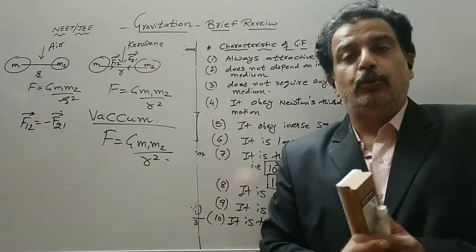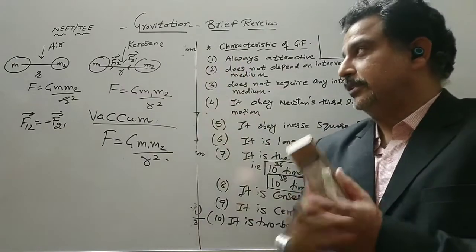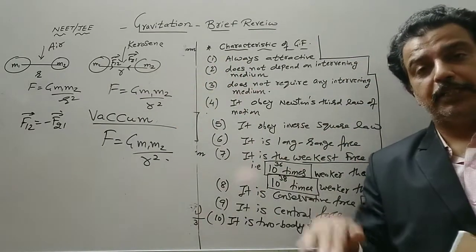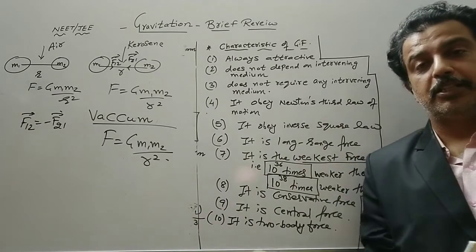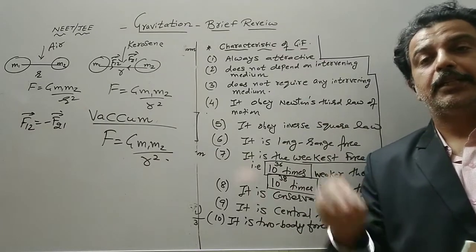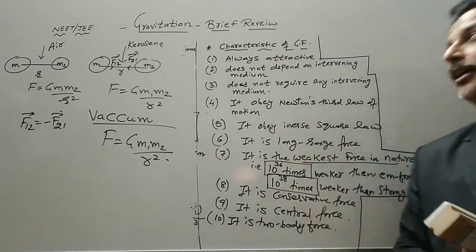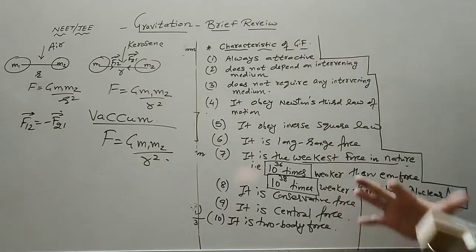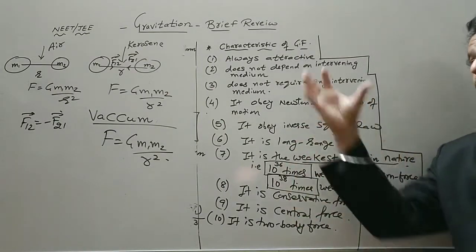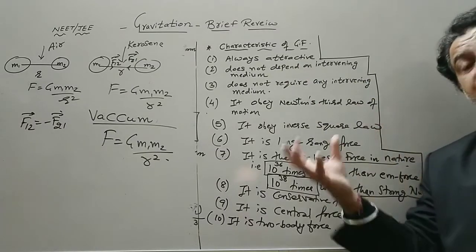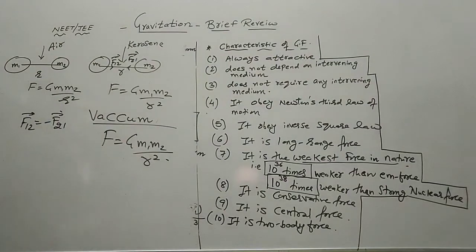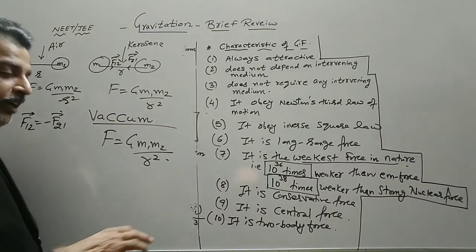So whenever we do work due to this gravitational force, the work will be either done by the force or done against the force. So it will not depend on the path. We will prove that it depends only on the initial and the final position. So if in any medium there is a force, and if you are doing the work against this gravitational force, or if this work is done by the gravitational force, the work done will depend only on the initial and the final position.